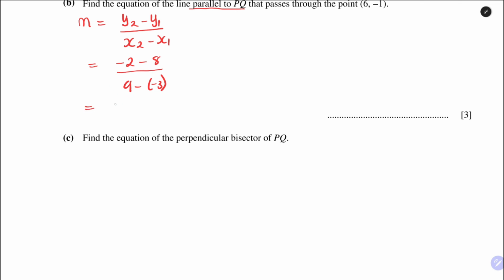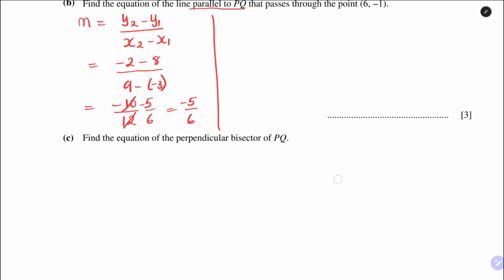Evaluating this, the numerator becomes minus 10 over 12. We take this to the lowest terms: the 2 can go here, it gives us 5, and 2 here, it gives us 6. So our gradient is minus 5 over 6.